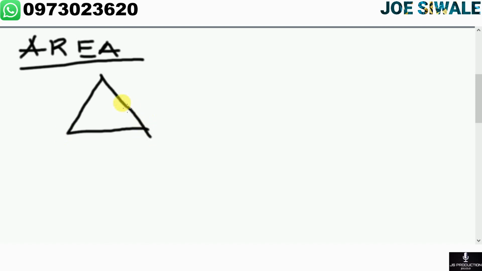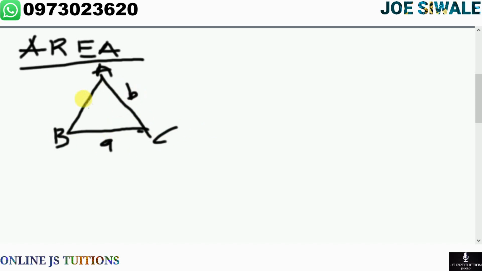So if this is A, this is B, this is C, you have everything like that. This means that this is small letter a, this is small letter b, and this is small letter c.